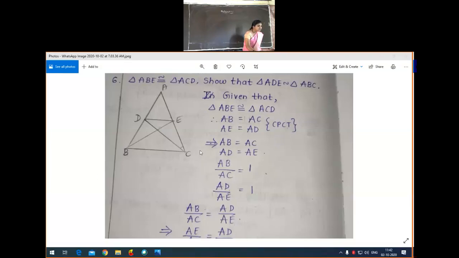Because AB is equal to AC, so AB by AC is nothing but AB by AB or AC by AC, which is 1. Next, AD divided by AE also we can take as 1, because AD is equal to AE, so the ratio is equal. So AB by AC is equal to 1, and AD by AE is also equal to 1. So according to axiom 1, things which are equal to the same thing are equal to one another.